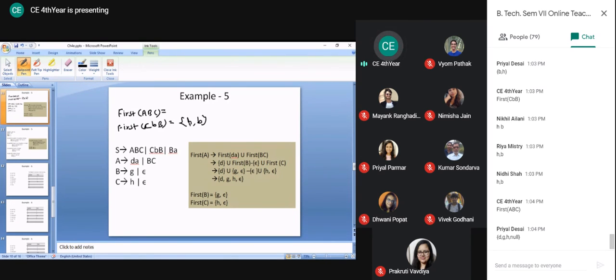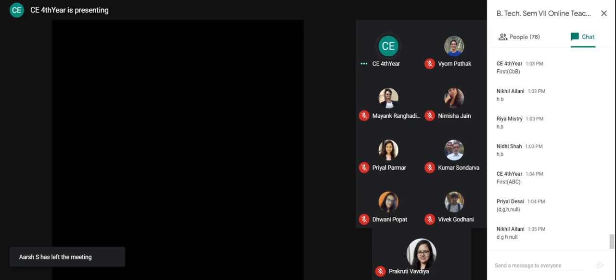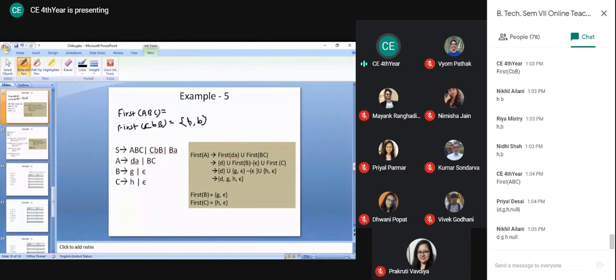Null is present, so we have to consider first of B. It gives G, D, G, H and null so far, and C is also giving us null. So it is giving us D, G, H and null, all four, for first of ABC. We have four elements over here.